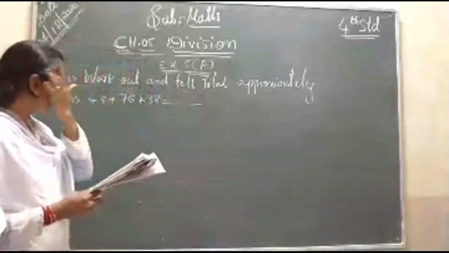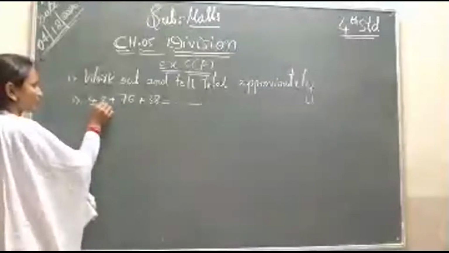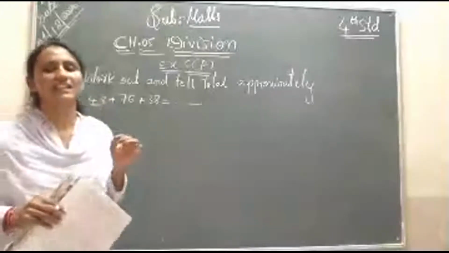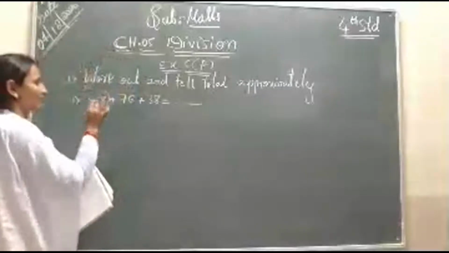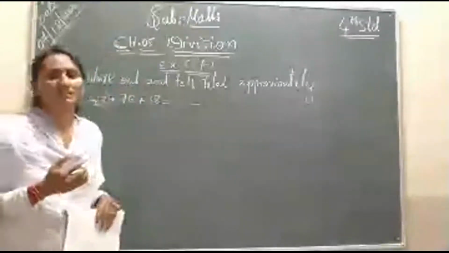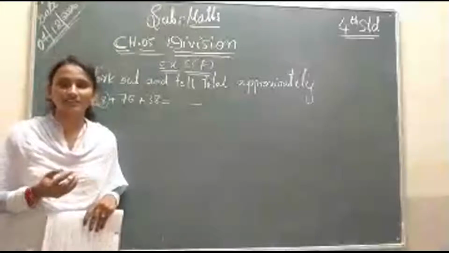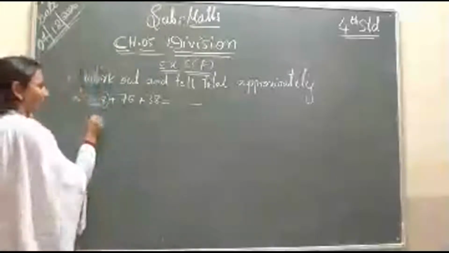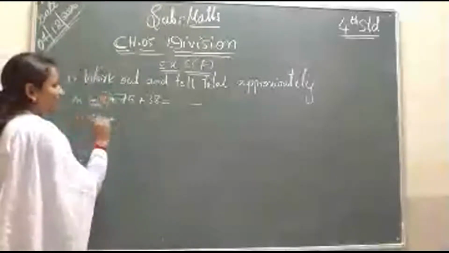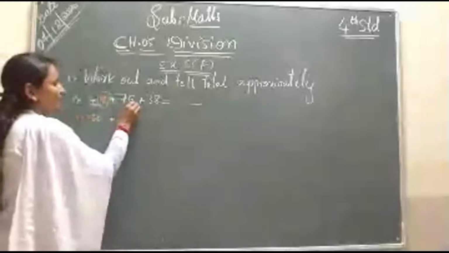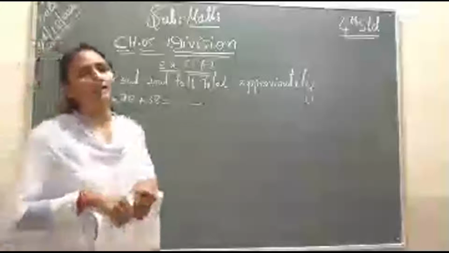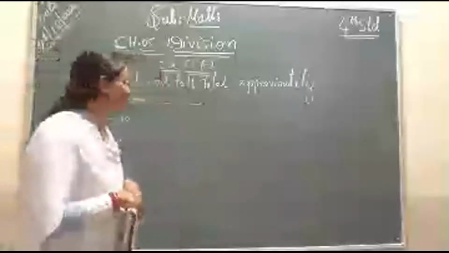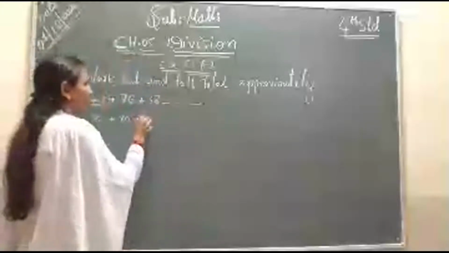The total approximate means, students, you have to take 48 to the nearest ten. Nearest ten means you have to consider the number 8. 8 is a strong number because it is a 5-or-above number, so you take 50. For 76, you have to consider 80, because 6 is a strong number. Next, 38 is 40.